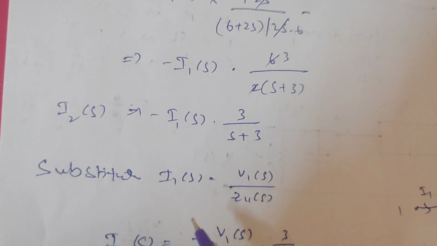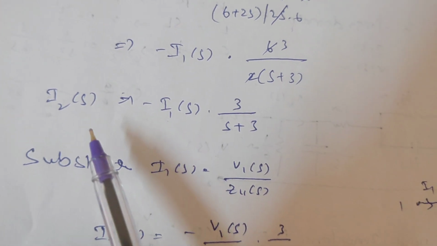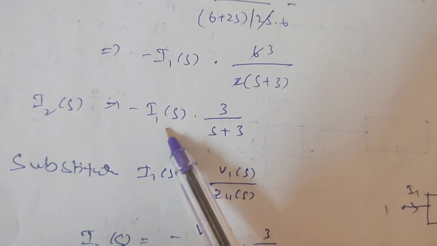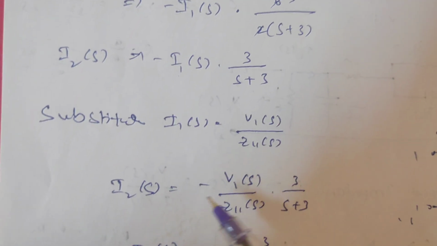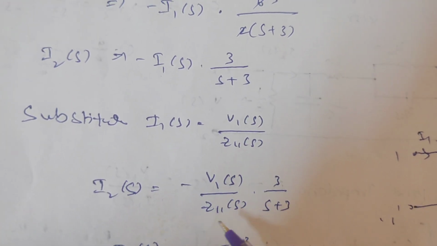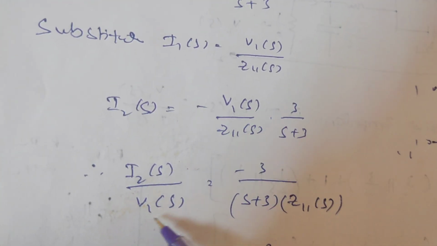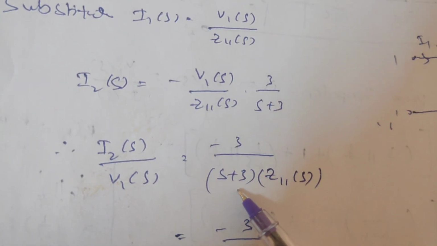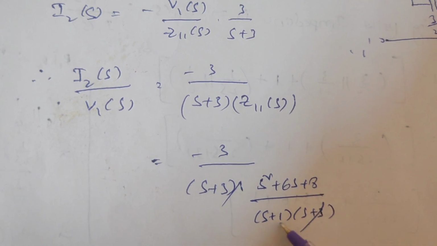Here we want to find out the I2 of s by V1 of s. Already we have the I1 of s as V1 of s by Z11 of s, simply substituting that value here. So I1 of s is nothing but V1 of s by Z11 of s, which into 3 by s plus 3, and I2 by V1 is nothing but minus of 3 into, substituting Z11 of s, which is s square plus 6s plus 8 by s plus 1 into s plus 3.